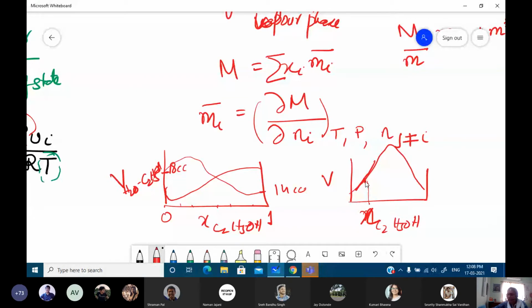It is very clear that the slope of the tangent is going to be different depending upon the composition of the mixture, which implies that the partial molar property is not a constant characteristic of any component. It also depends upon the composition of the mixture, right?